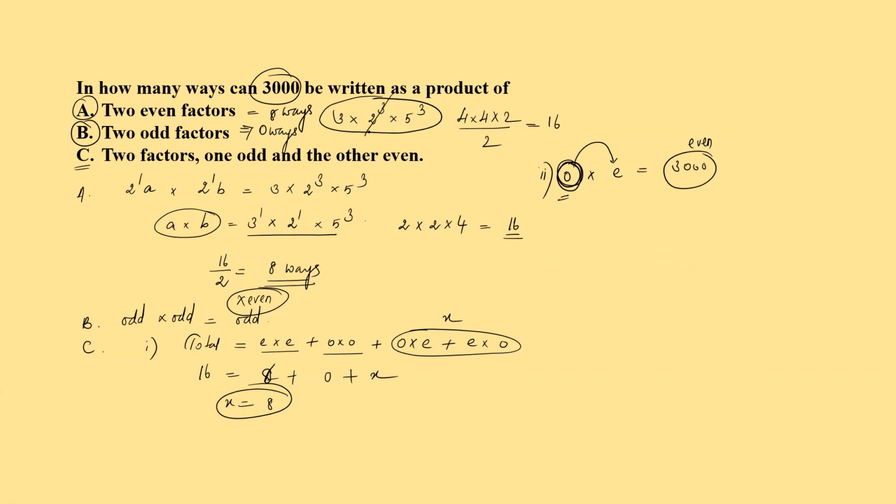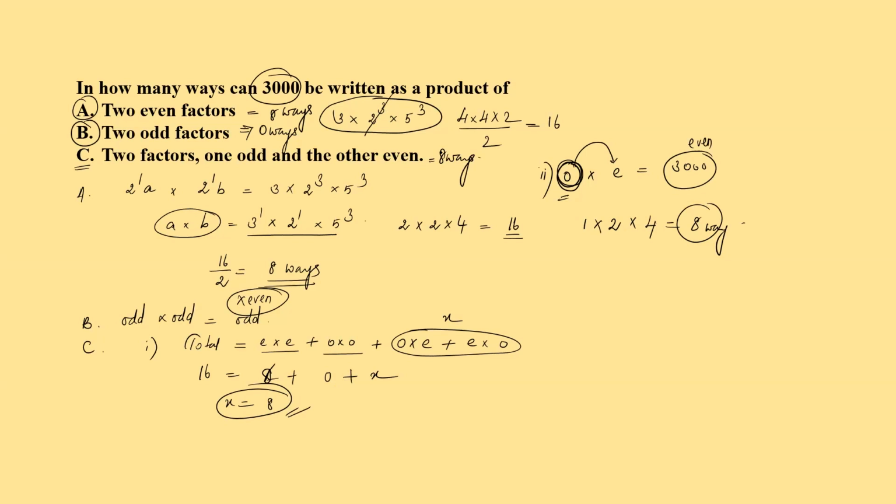So from the powers of 2, I can take only 0, so only one choice. There's no constraint on the powers of 3, so 3 power 0 and 3 power 1, I can take both. And no constraints on the powers of 5 either, so 5 power 0 to 5 power 3, there are 4 values. So you will get 1 into 2 into 4, that is 8 ways. And this was the same answer you got in the previous case as well.